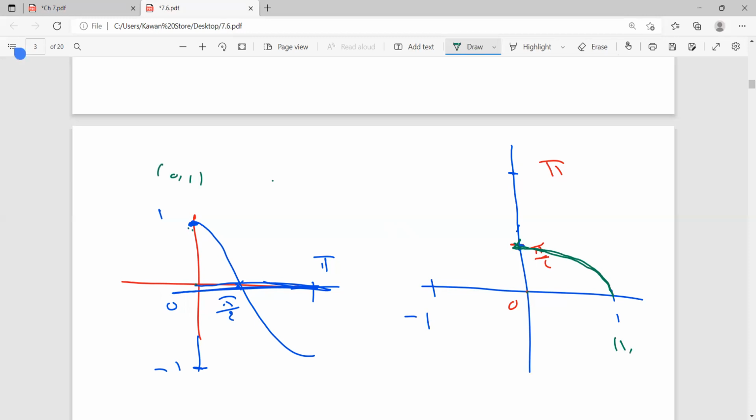How about that point? 1 and 0. So instead, I start from 0 and pi over 2 and 0, that point will be pi over 2 and 0. So I'm going to change it from 1 to 0, and 0 to pi over 2. That's why I start from here to there.